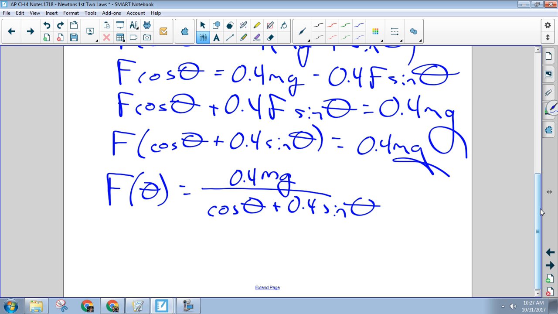Cool? I know a lot of you like to just pick numbers. If you want, you can pick a mass of 1, I guess. I don't love it, because I'd prefer to see you working in terms of letters. But it works. The mass didn't matter, so pick 1 kilogram, or 1 over g. You know? All right, so are we all good?